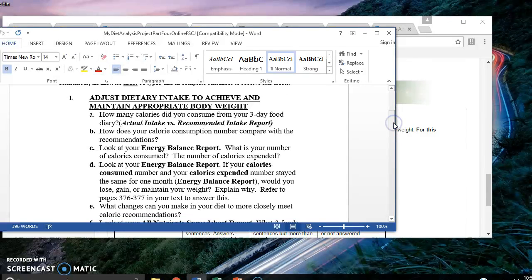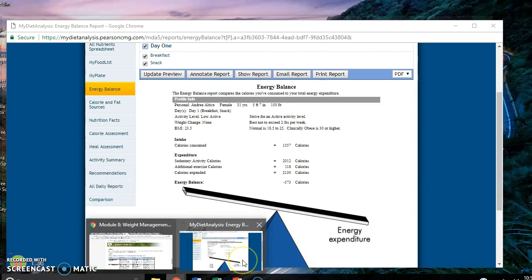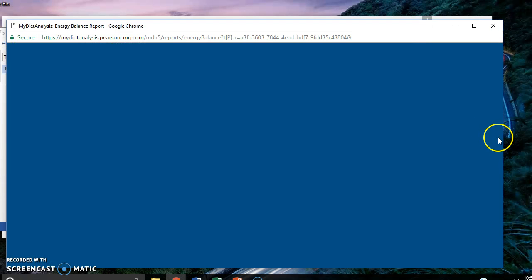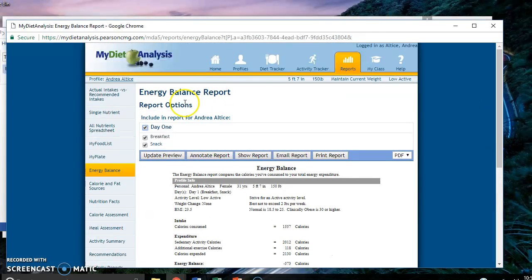So a couple of questions that I want to go over with you about the first section, which is about maintaining your appropriate body weight, is how many calories did you consume from your 3-day food diary? So you look at your actual intake versus your recommended intake report. You go to reports, click on reports, and then click on the actual intake versus the recommended intakes report.